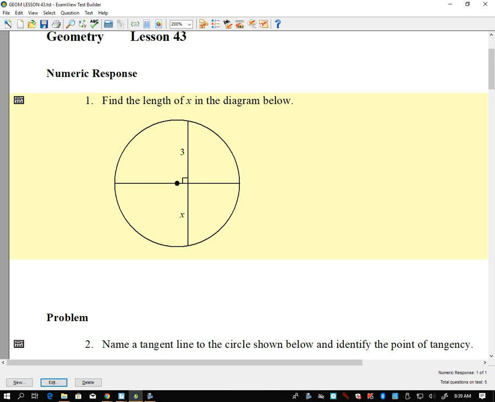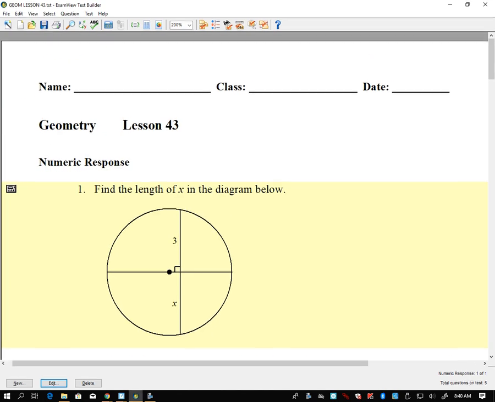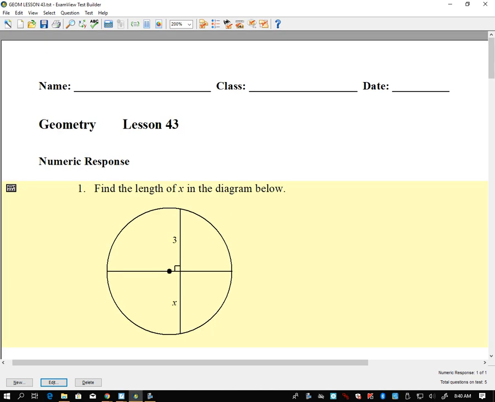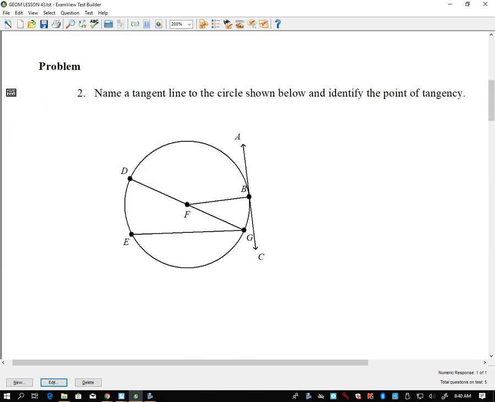If a chord meets a diameter and they're perpendicular to each other, what is that diameter doing to that chord, Katie? Cutting it in half, bisecting it, right? So if one side of it is 3, then what do we know x equals? X equals 3. And it still won't let me write on it. That's okay. All right, so 3 is our answer there.